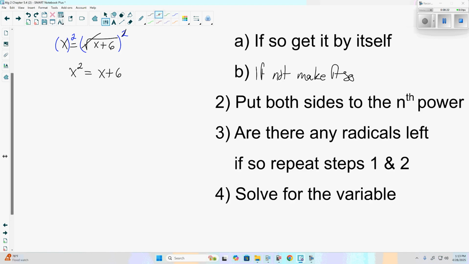Now this is the first one here that we've had where we've had a variable to a power other than 1. And we do have a middle term, so we have to get this equation equal to 0. We need to move everything to the same side. So the first thing we can do is subtract x.